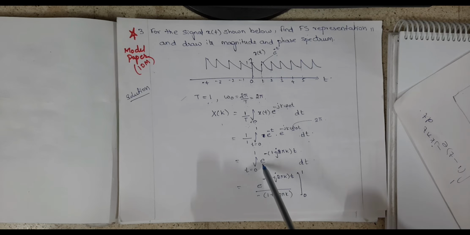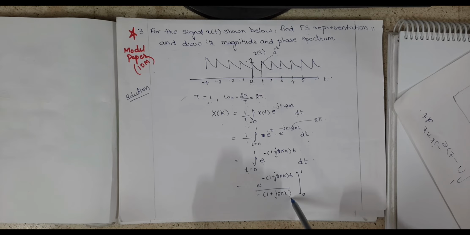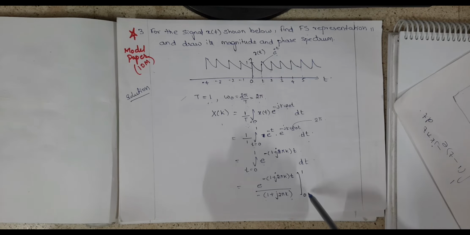This is of the form e raised to minus a theta, therefore it is e raised to minus a theta by minus a. Substituting the upper limit and lower limit, you will get something like this: 1 minus e raised to minus 1 by 1 plus j 2 pi k. So here 1 minus e raised to minus 1 is 0.63 by 1 plus j 2 pi k.